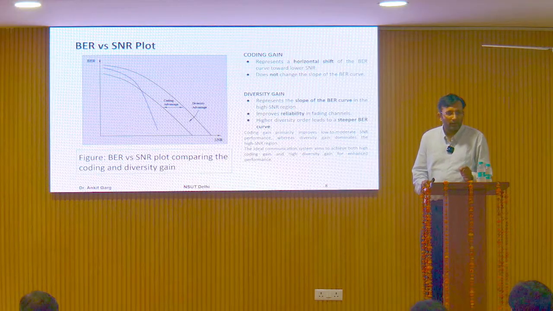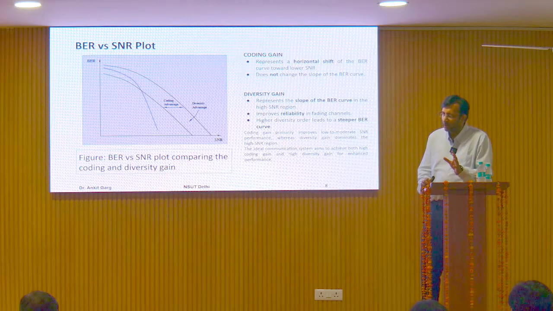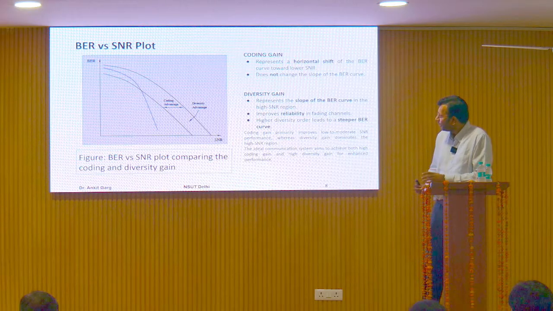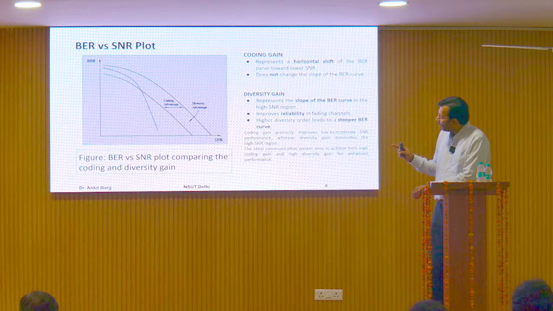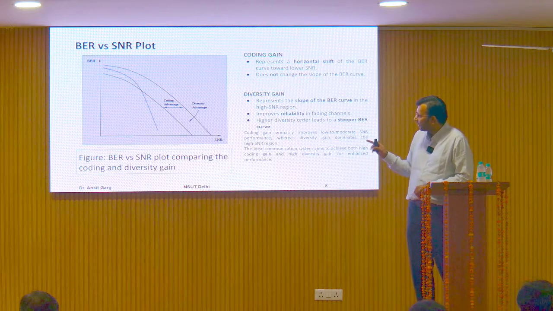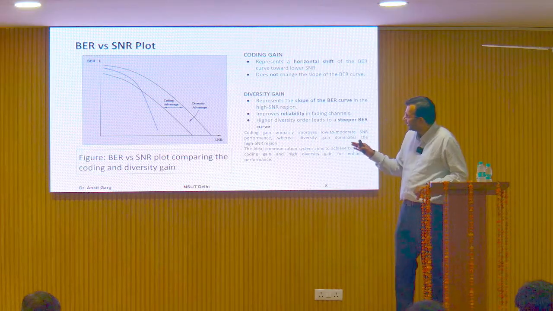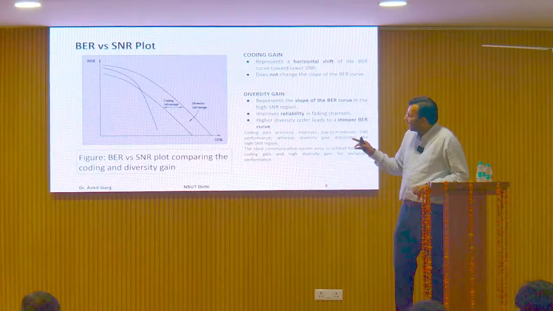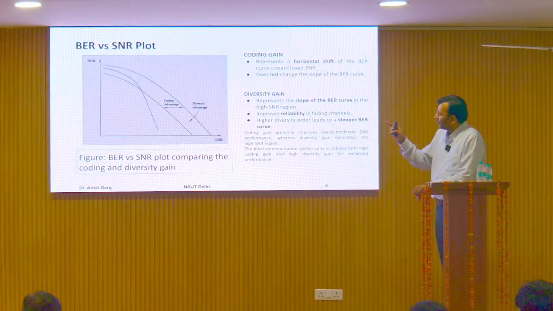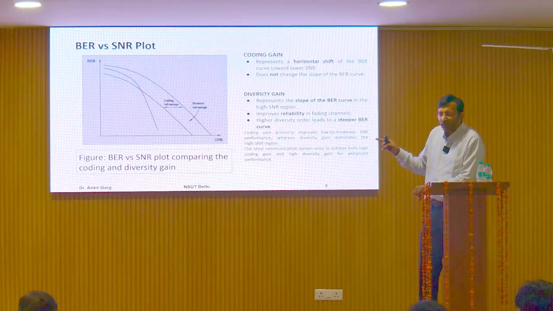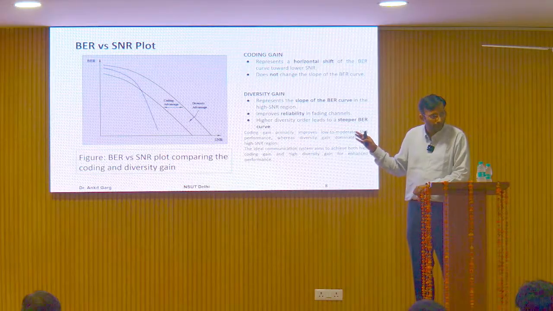If I say as an example 10 raised to the power minus 4, this is our bit error rate. So you can see to achieve the same bit error rate, we require lesser SNR for the curve shown beneath, right? On the other side, this blue curve shows a different slope, right?